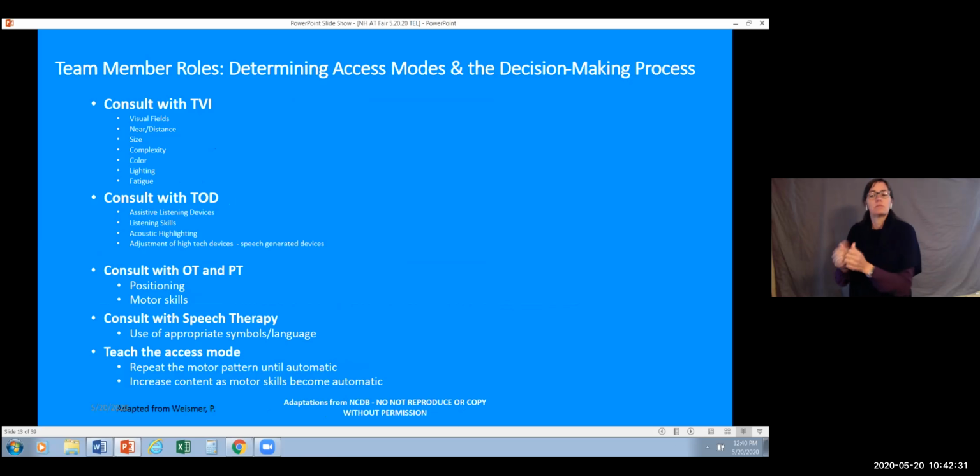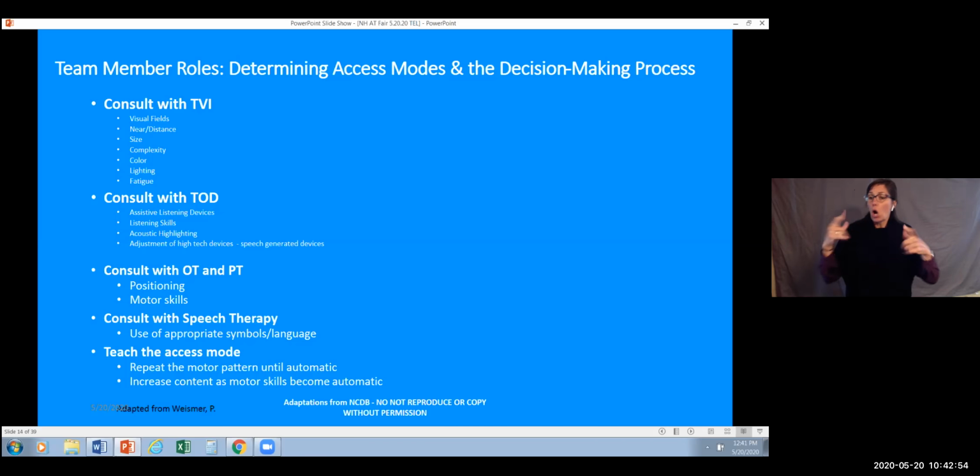Now, these are sort of your, I would say, best friends on the team when it comes to determining access modes and the decision-making process. Your TVI should be an integral part of the decision-making process, everything from positioning materials to the size of materials to the presentation in terms of complexity, lighting needs.